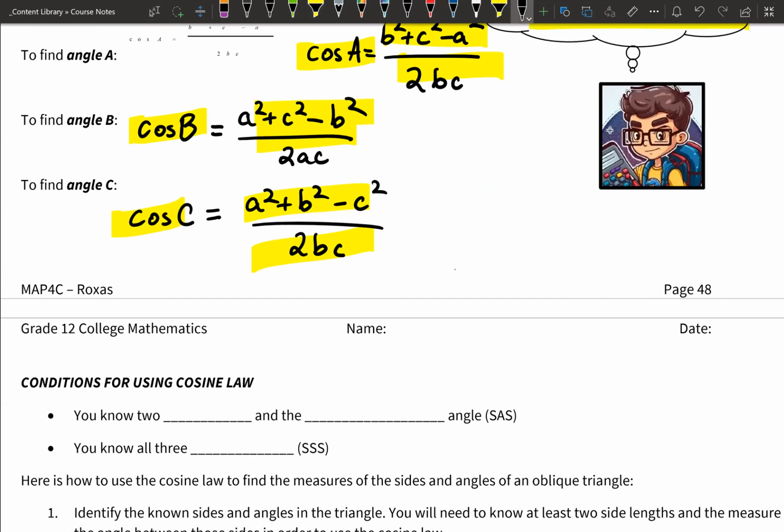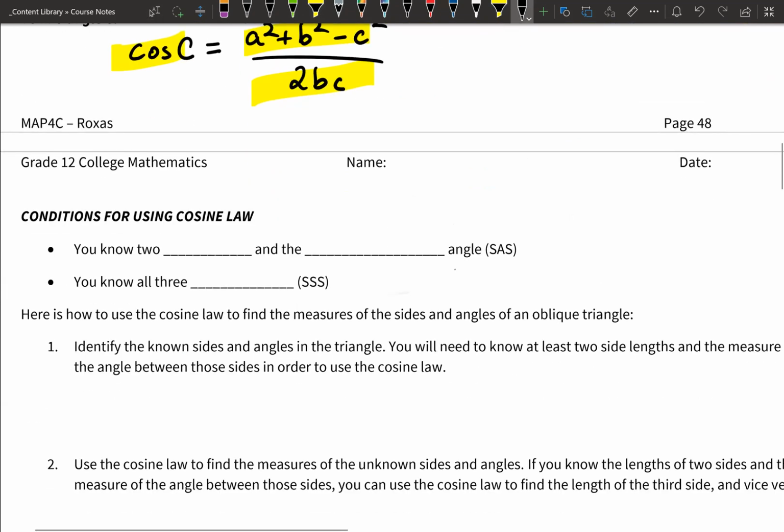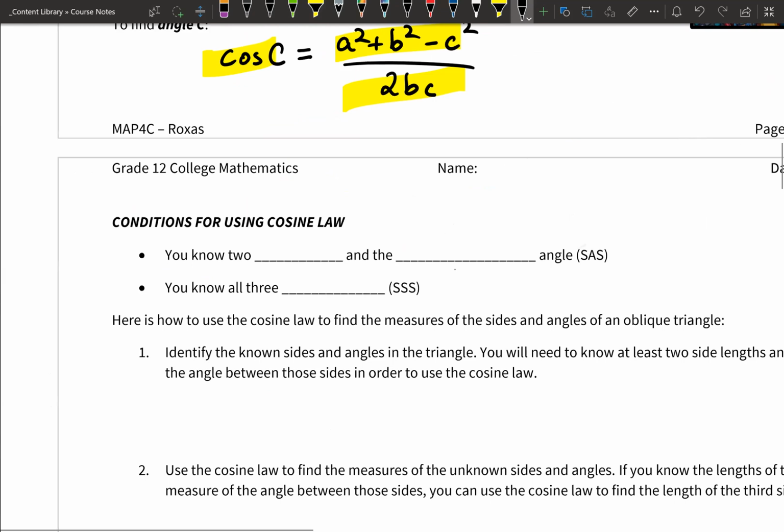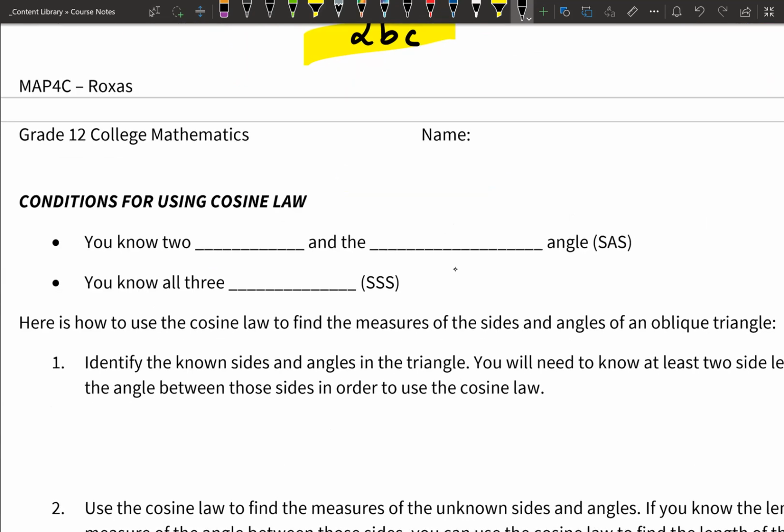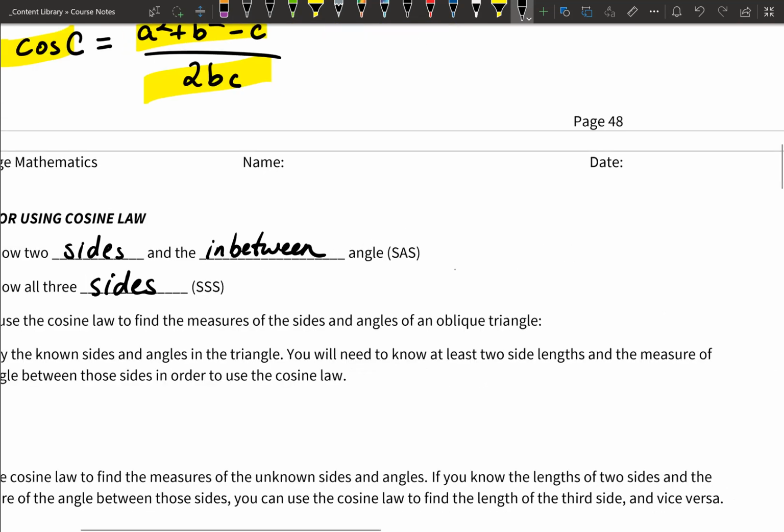Okay, so the cosine law is useful in cases where you know two sides of a triangle and the in-between angle, okay? Or if you know all 3 sides of a triangle, right? So that is kind of diagrams that look like this.